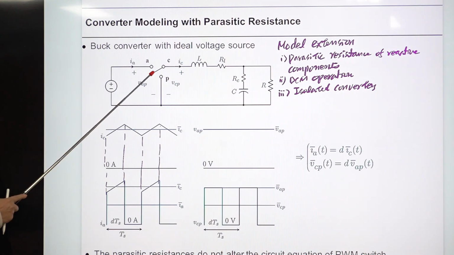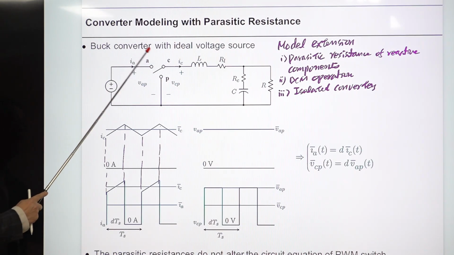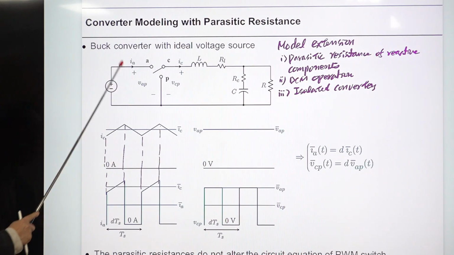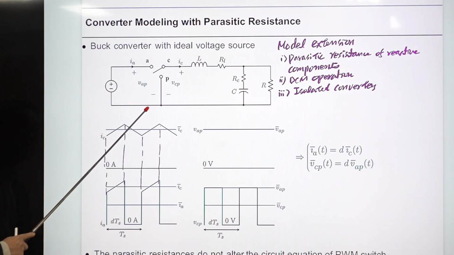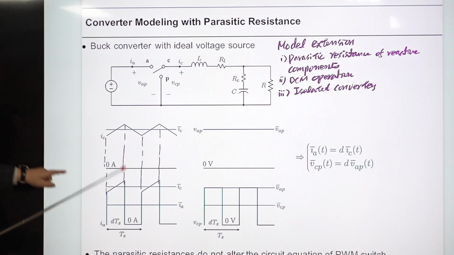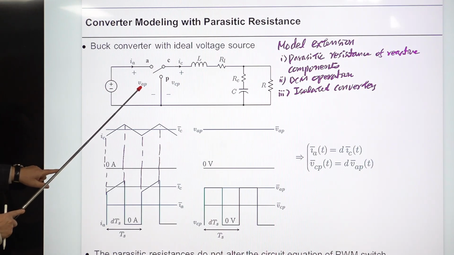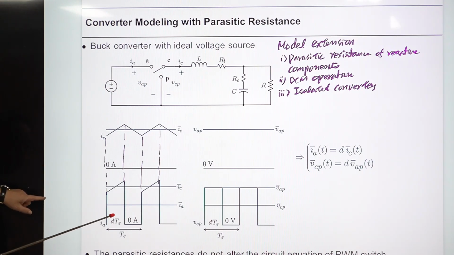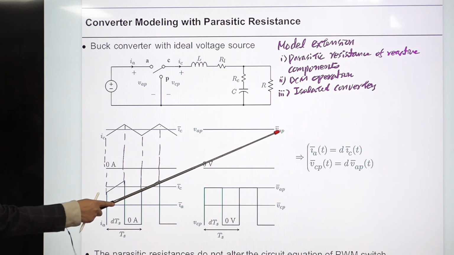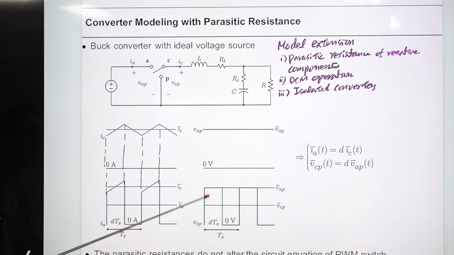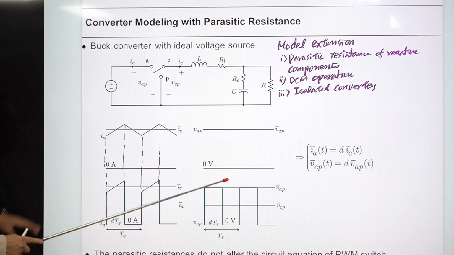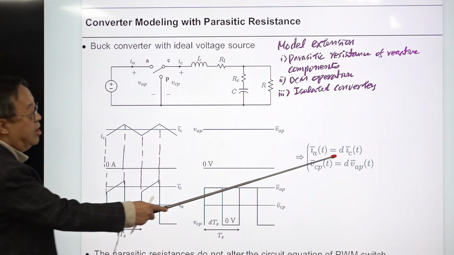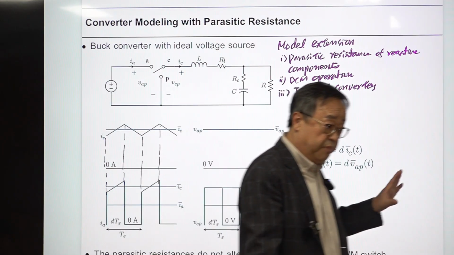Okay, without this input filter, buck converter with ideal voltage source, without any filter stage in between, then this is the same, right? Because VAP is this one, okay? Then VCP is just this one.